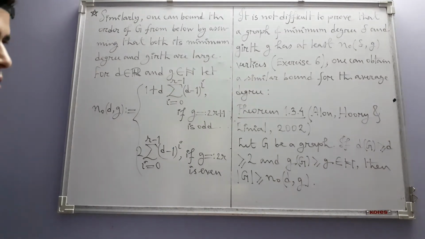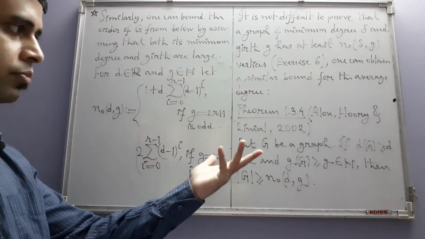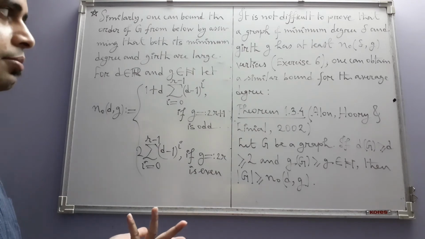We get the same lower bound for average degree and girth.